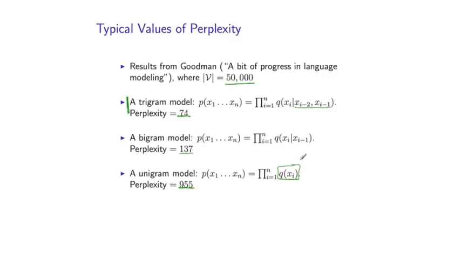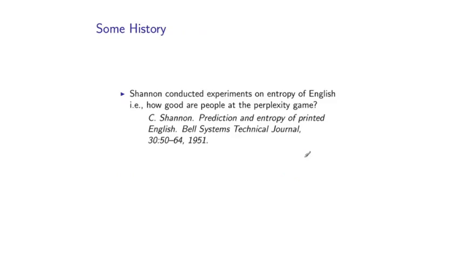I just want to finish this segment with a little bit about some history behind the idea of language models. And a critical reference is due to Shannon, and this is really one of the earliest pieces of work on this problem. This is from 1951.